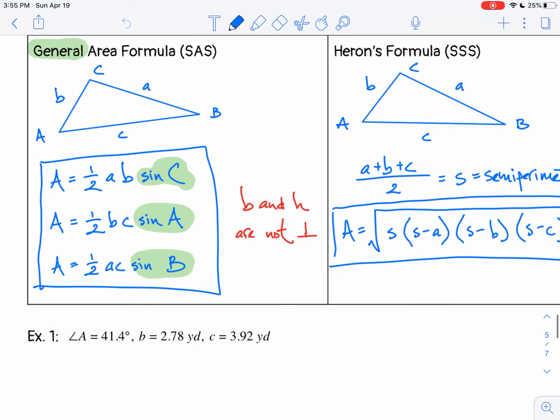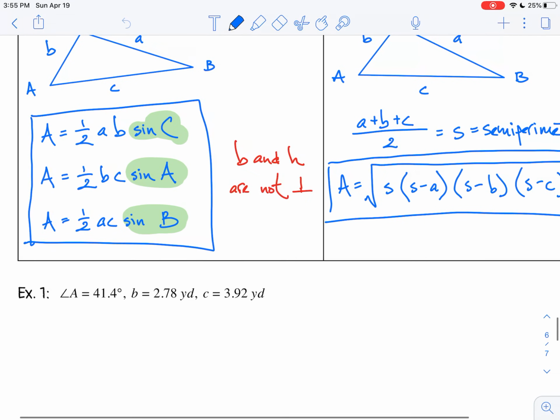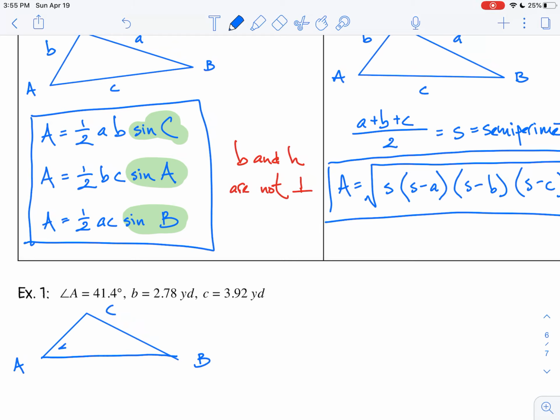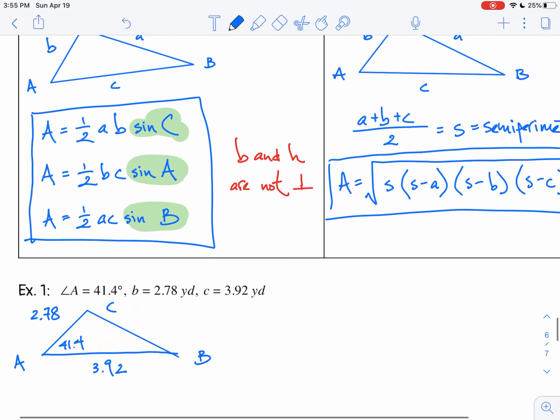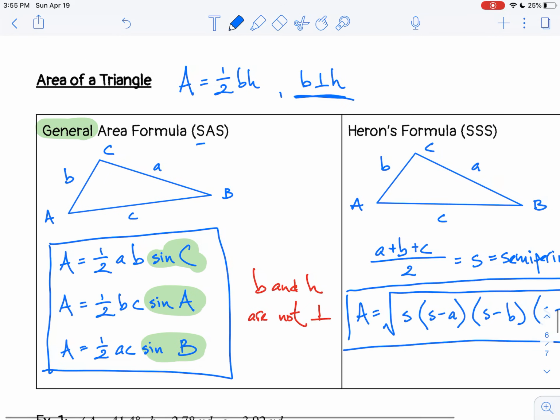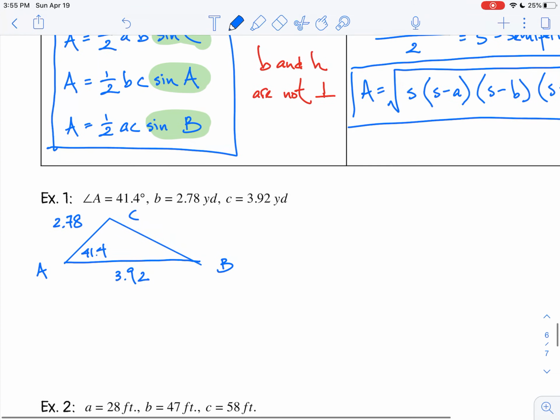Okay, so let's try a couple of examples. Example 1, let's draw this out and see what we get. These numbers should look familiar because they are from a different problem that we did earlier. We've got 41.4 degrees, 2.78, and 3.92. I look at this and say this looks a lot like side-angle-side, so I'm going to use the general area formula.